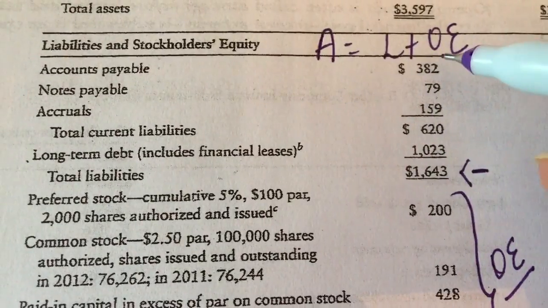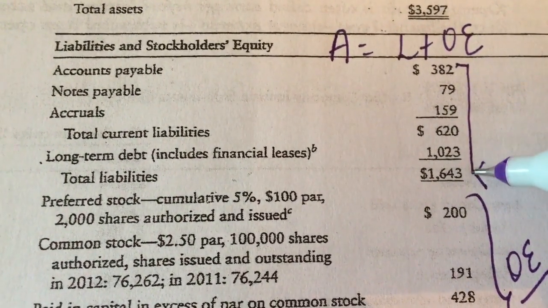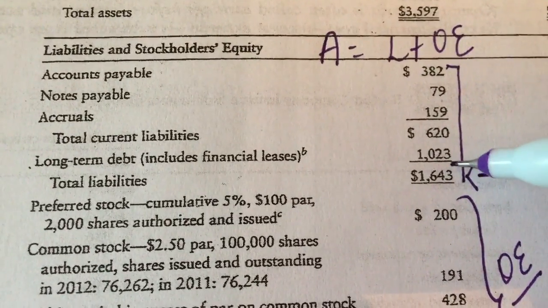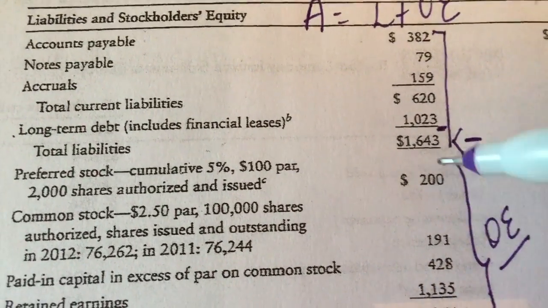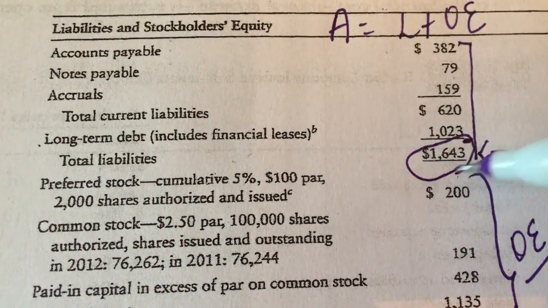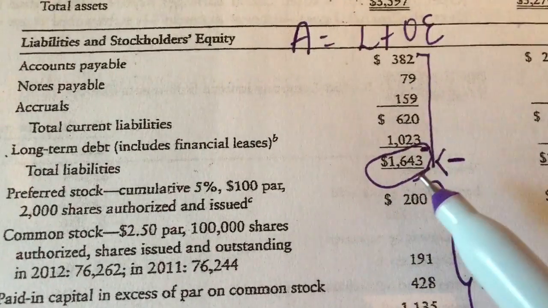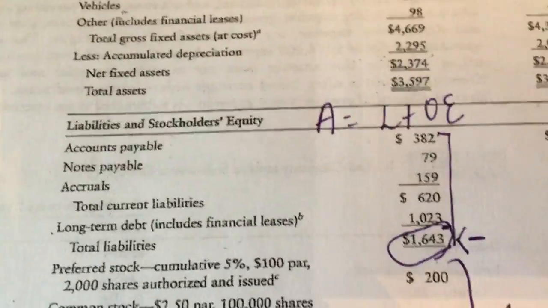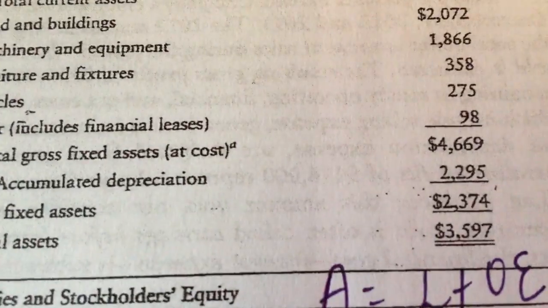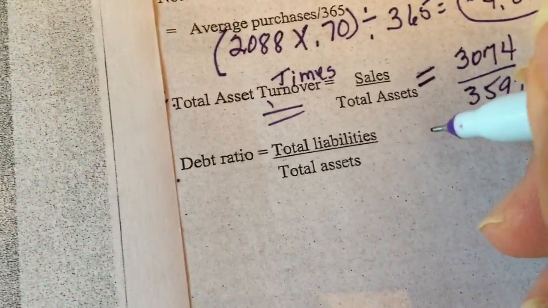If it's not listed, then add the liabilities starting with accounts payable and go all the way down through your long-term liabilities until stock begins. And this is a big mistake that students make when they're doing the test. So watch for that. Total liabilities is 1643 here. Total assets 3597. So let's plug that into your equation.